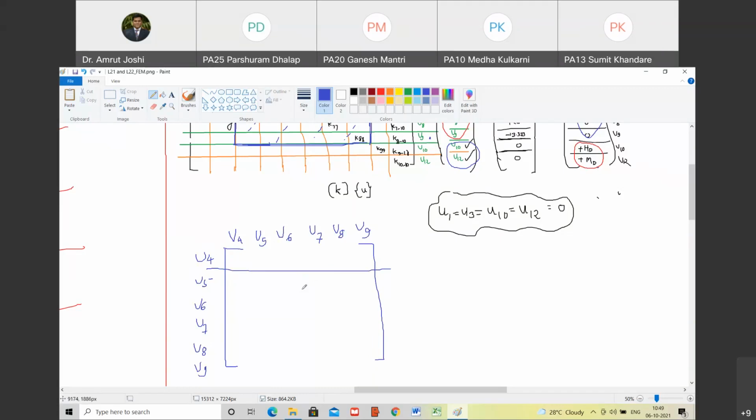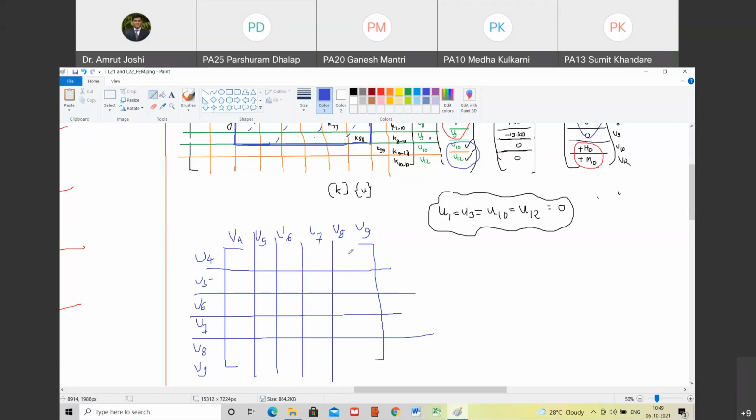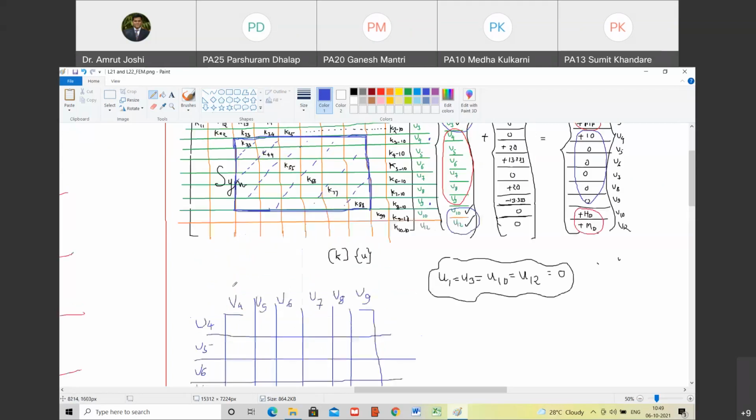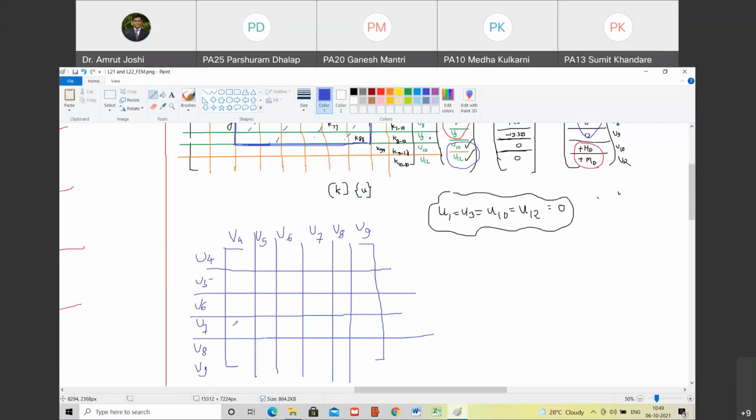What are the terms involved in this matrix? Can you tell me? So it will start from K33. This is actually K11 of this matrix, but it is K33 of global stiffness matrix.